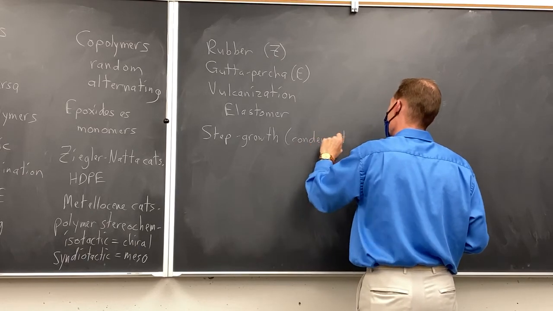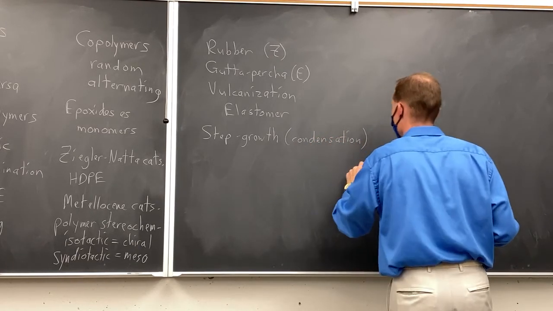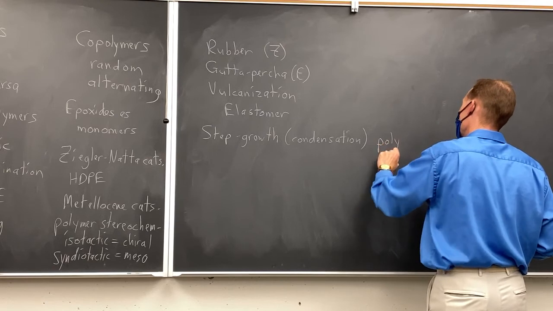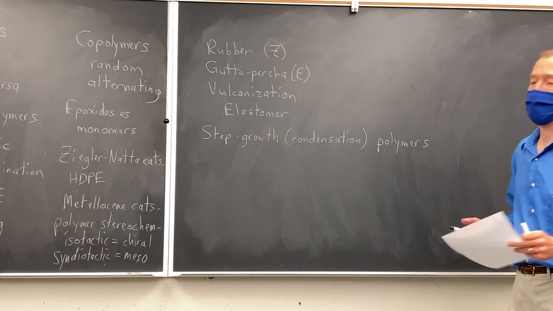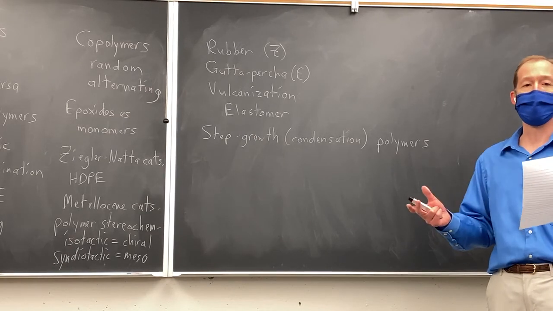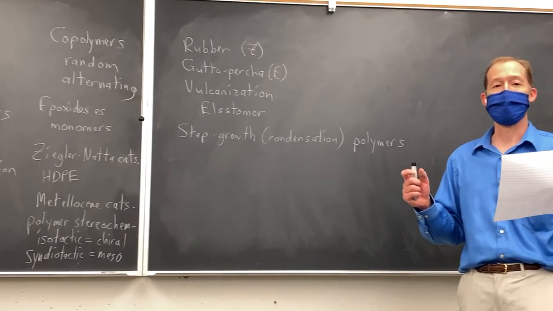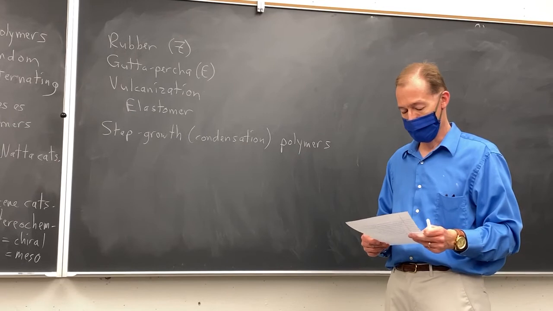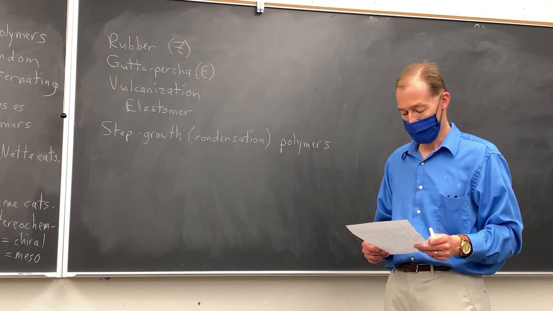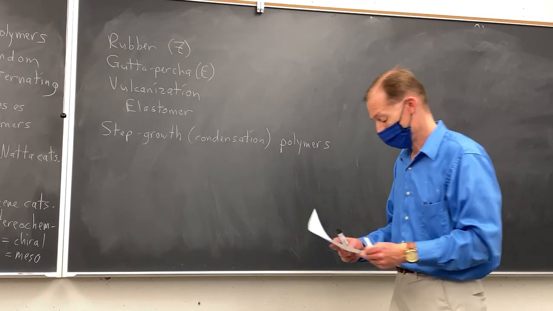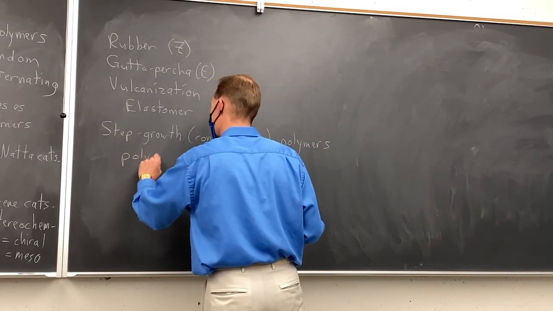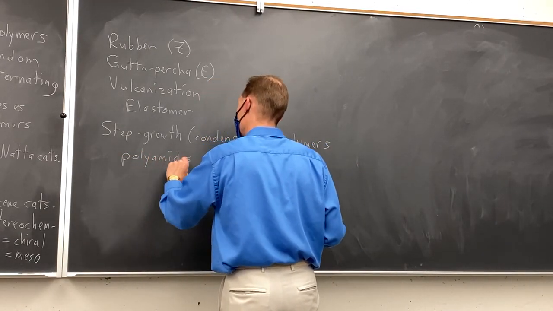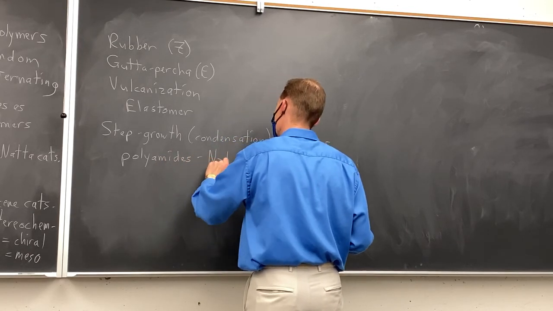We talked about that a little bit today in class, about what condensation reactions are and how these polymers usually involve two different monomers that each have two functional groups, two of the same functional groups on each end of the molecule. So we can have polyamides. Examples of those, nylon and Kevlar.